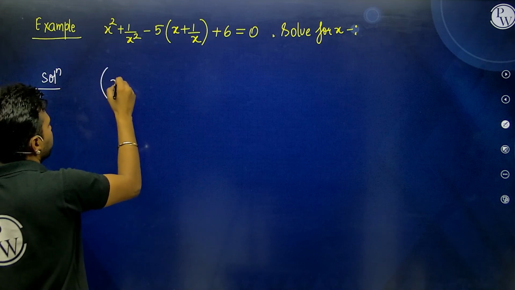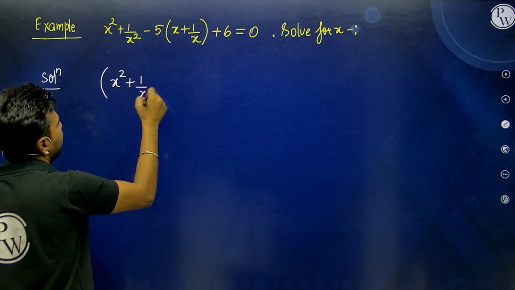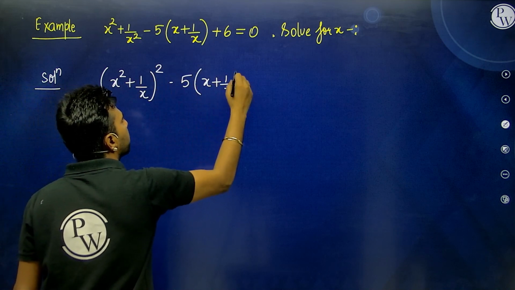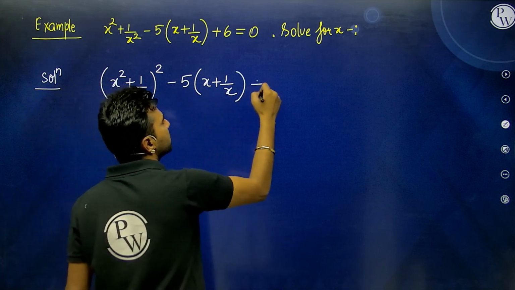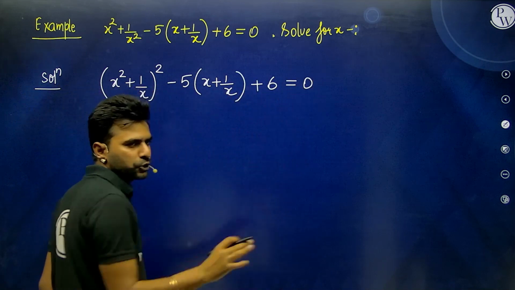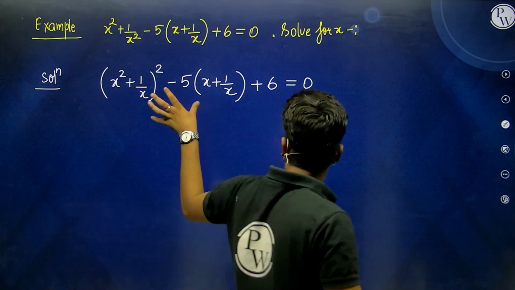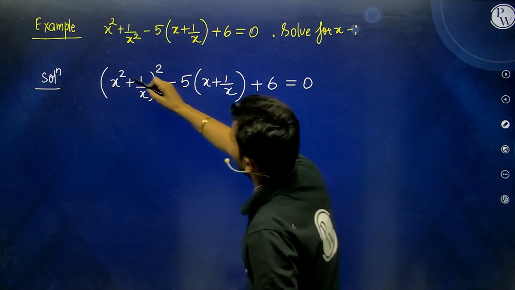If you see this question, can you write down the question like this? Yes, sir, we can definitely write it down, no issues. Now we know that there is one term, this one.